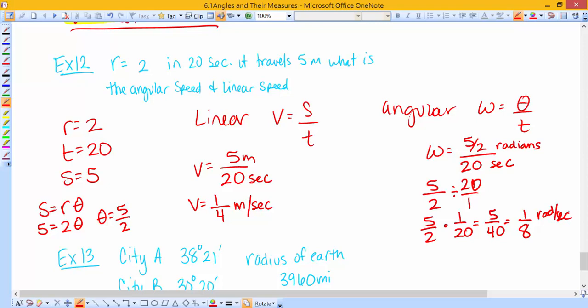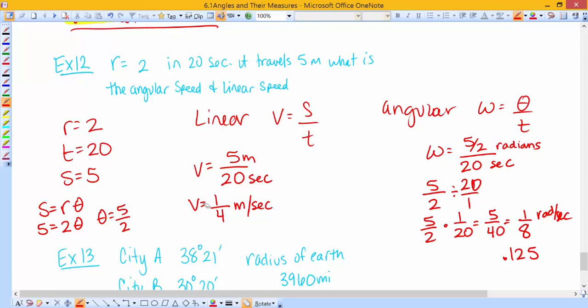In your notes you might have this as a decimal. The decimal ends up being, turn on my calculator, 0.125 radians per second. All right. Pretty close.